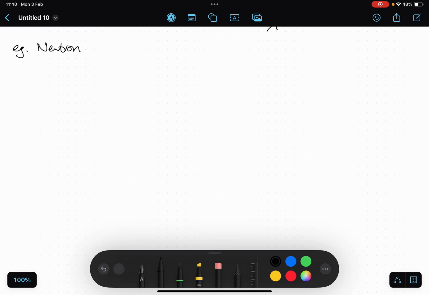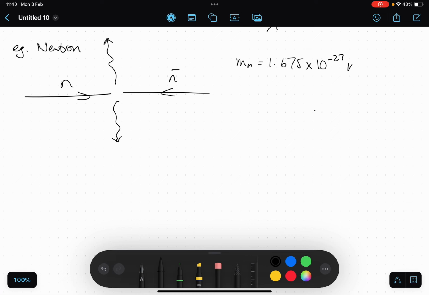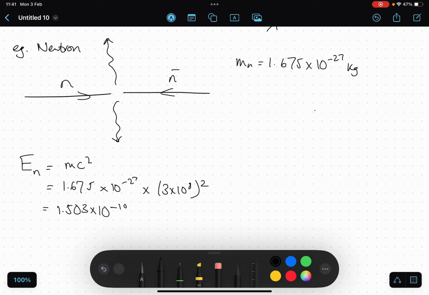So let's look at neutron annihilation. So there's the neutron, there's the anti-neutron, there's the photon, there's the photon. We need to know the rest mass of the neutron. So you look this up in your data and formula booklet. There it is. So let's work out the energy equivalence of the neutron. mc squared: 1.675 times 10 to the minus 27 multiplied by the speed of light squared, and that is 1.503 times 10 to the minus 10 joules.